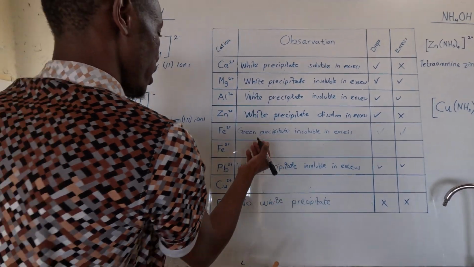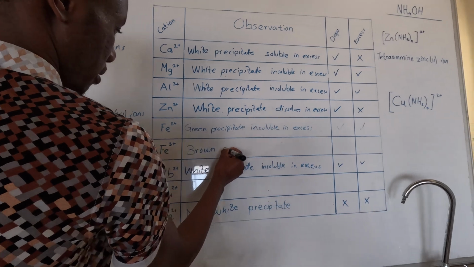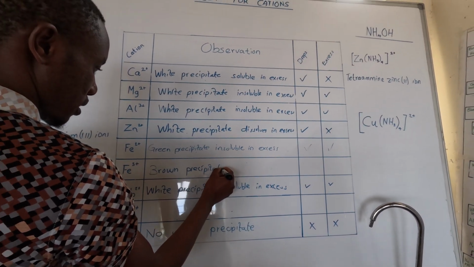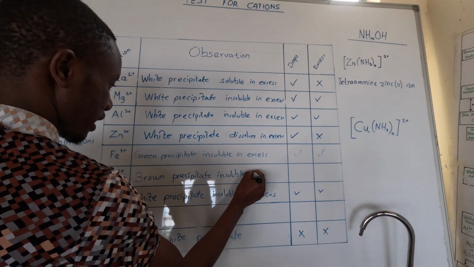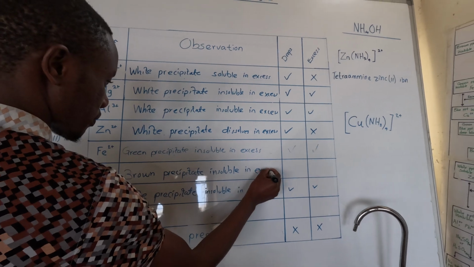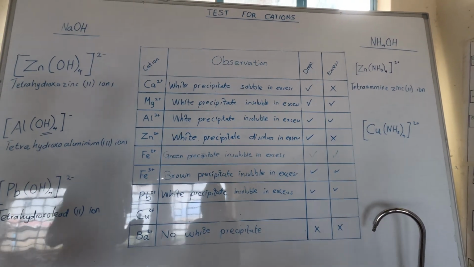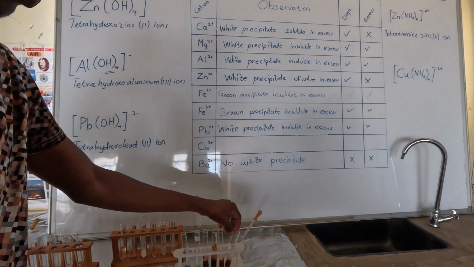So we're going to say brown precipitate, insoluble in excess. And then finally, we are going to get to copper(II).